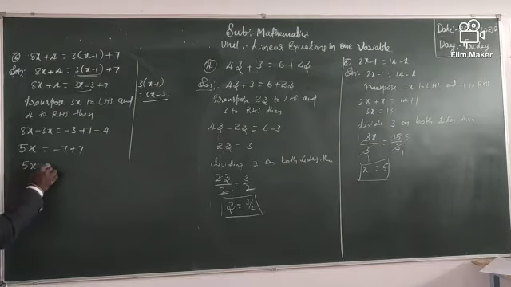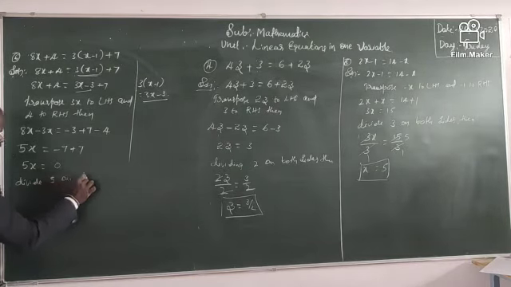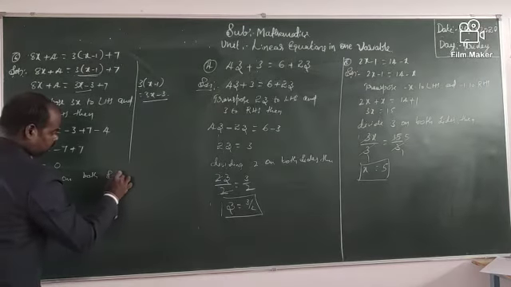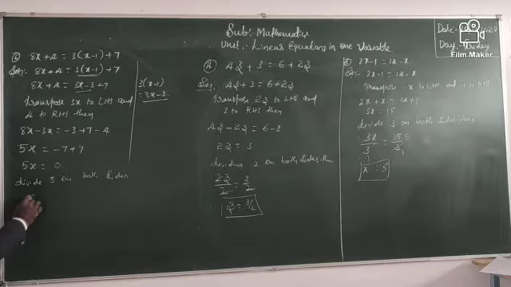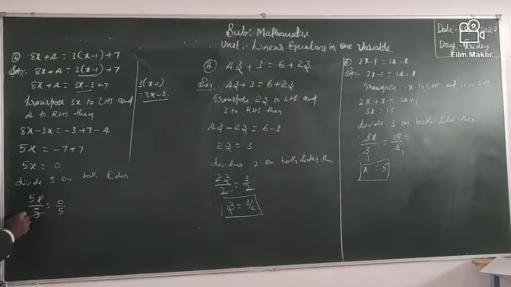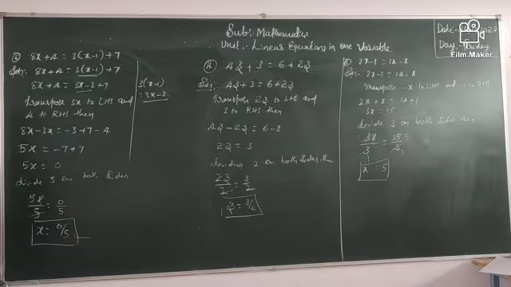Therefore, 5x equals 7 minus 7, 0. Here, divide 5 on both sides. Therefore, 5x by 5 is equal to 0 by 5. 5 gets cancelled. Therefore, x value is 0 by 5. This is our answer.